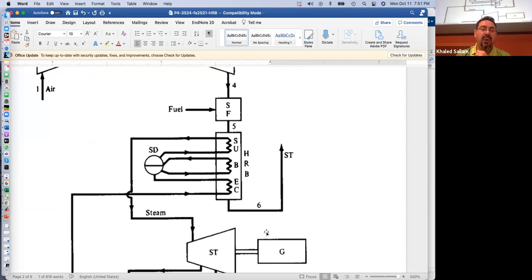The heat recovery boiler. The gas, the air go from 5 to 6, while the steam is going from liquid to superheated. So how do I get the ratio between m dot air and m dot steam? Q, right? Say Q equal Q. The Q that this guy loses is equal to the Q that this guy gains.